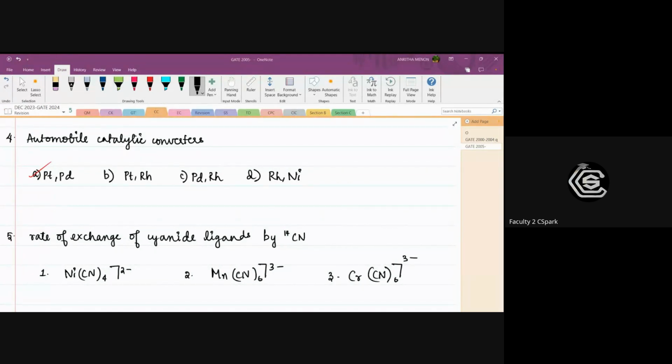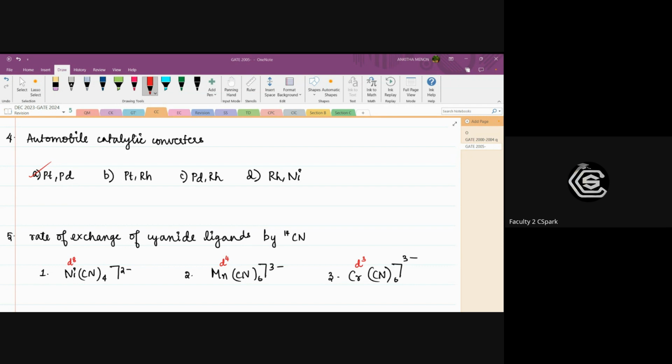Did you find it? What is the first one? If you can see, this is a square planar complex with d8. Correct? This is manganese 3 plus, d4, chromium 3 plus, d3. So, which among the following is inert?